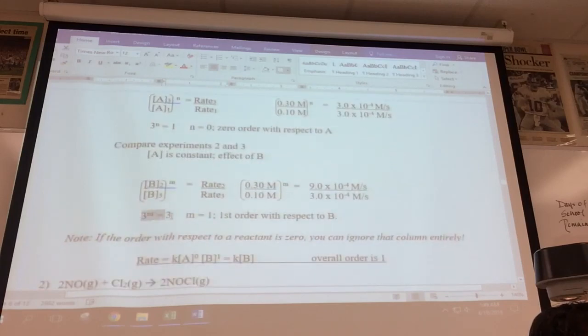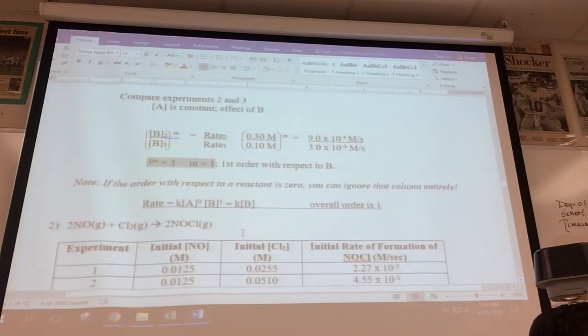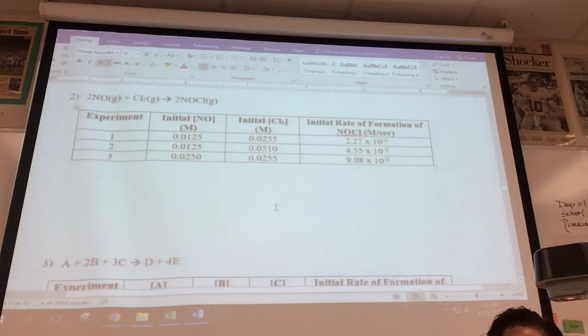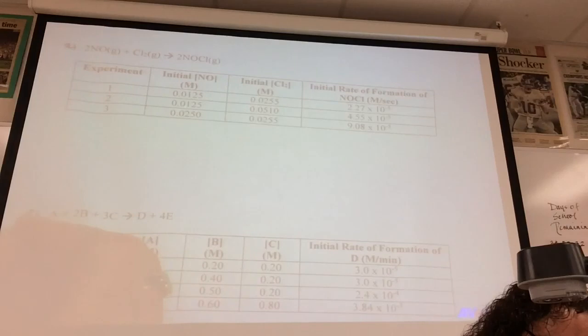I get 3 to the m is 3, first order with respect to B. And now I write my rate law. I showed 0 order for A here. You don't actually need that. So rate is equal to k times the concentration of B, overall order of 1. This one's all written out for you, which is nice, especially if you have trouble deciphering your notes.